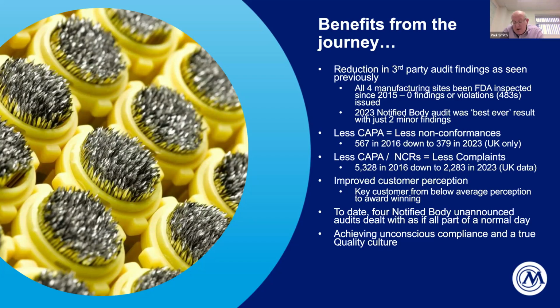So when I take a step back, it's evident that we have achieved that level of unconscious compliance, and really fixed the quality culture so that we can really push hard and improve processes, improve things, to get the cost of quality in the right side of the equation.